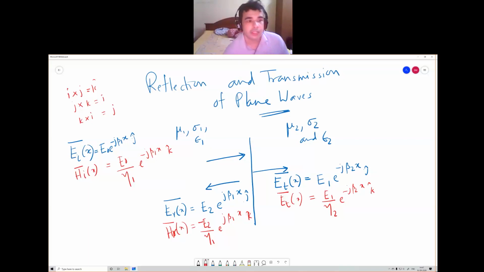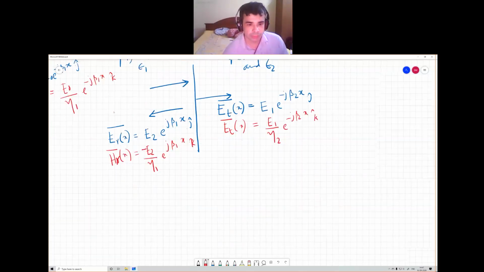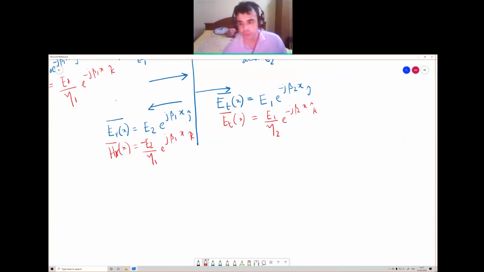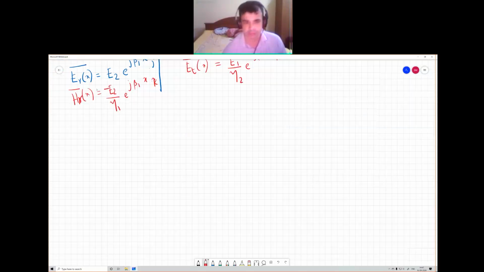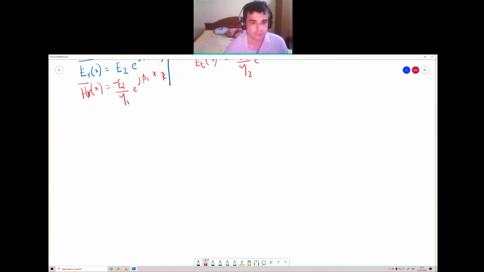Okay. Now, in order to find E1 and E2 in terms of E0 and eta 1 and eta 2, we need to apply some boundary conditions. So, let us see what the boundary conditions are. Suppose I have a boundary of two mediums, and we take here a very small rectangular area.